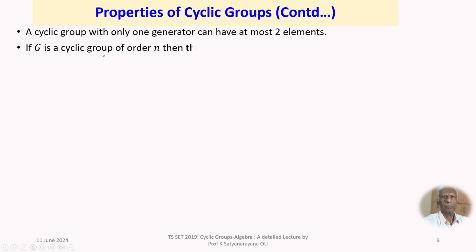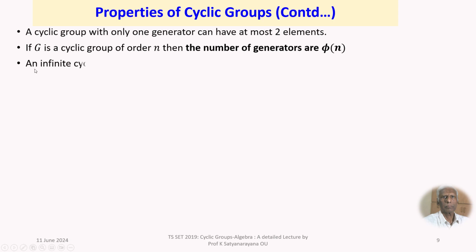If G is a cyclic group of order n, then the number of generators of G is phi of n. It's a very well known result, and there are several problems related to this property that have come in the AP set examination, and I have seen one or two in the CSIR NET examination also, but I have not made any question on that because it is very simple.